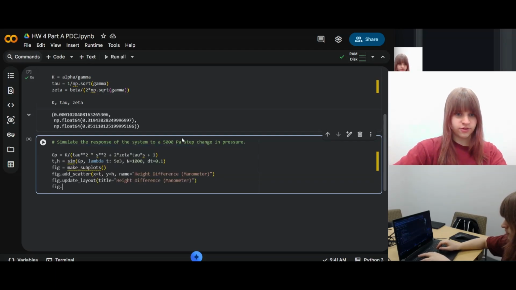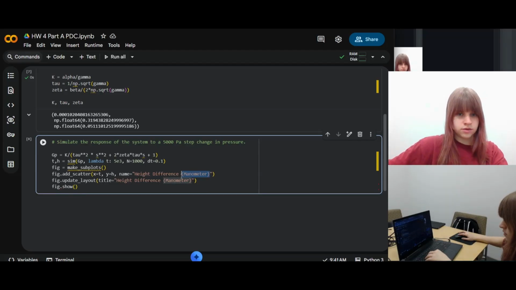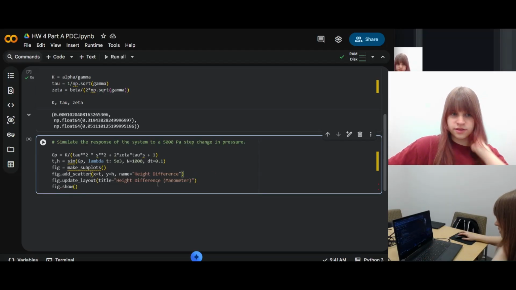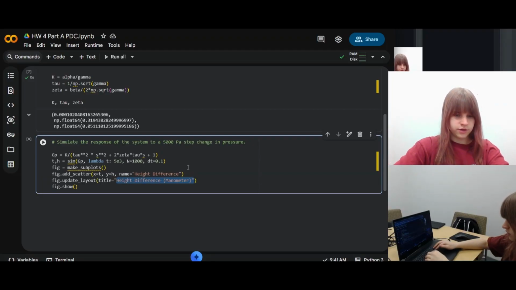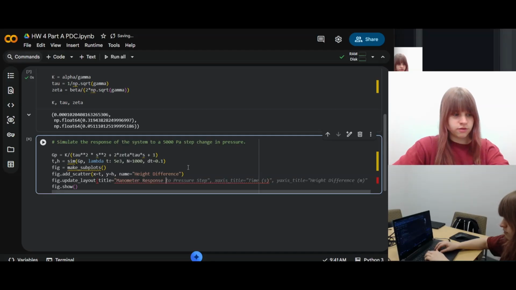And I'm going to go ahead and update the layout as well. I'll go ahead and delete that, and I'll just add this title here, manometer response to 5,000 Pascal step change.